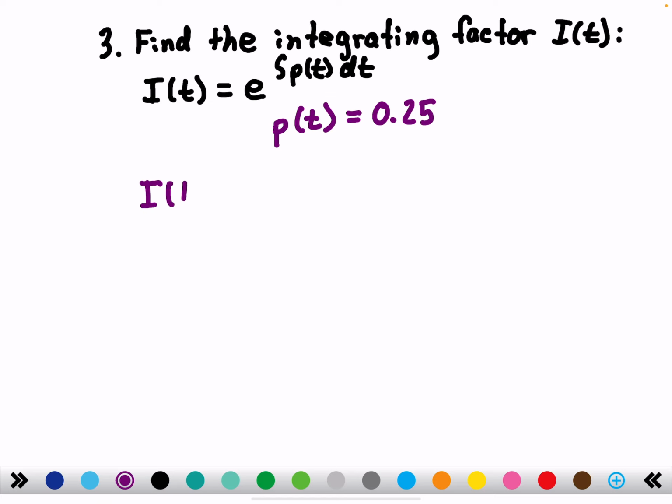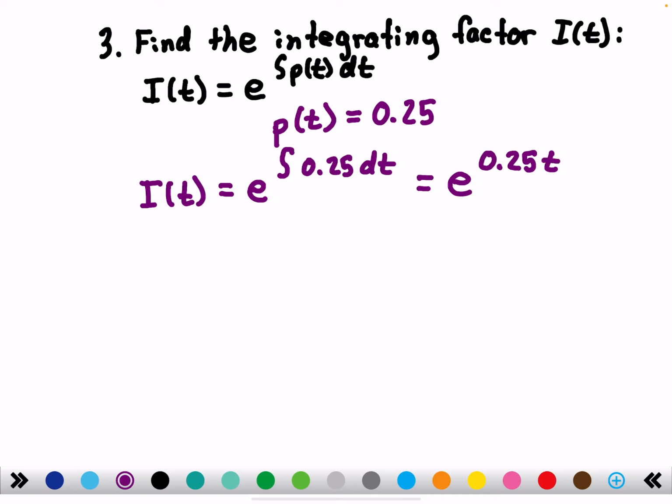So this means that I sub t equals e to the power of the integral of 0.25 dt, and the integral of 0.25 dt is 0.25 t, so I sub t is e to the power 0.25 t.